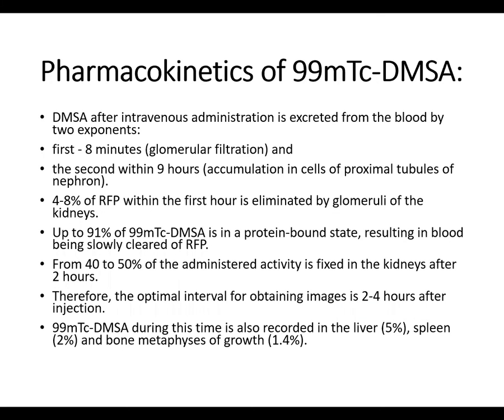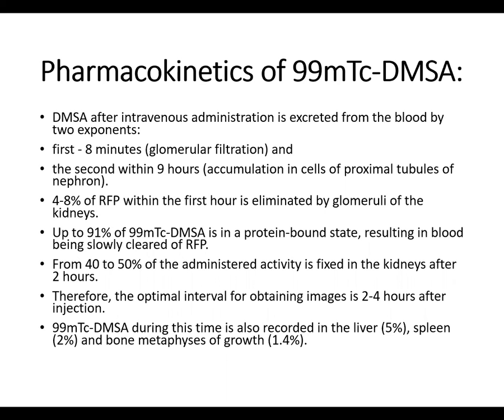The pharmacokinetics of the Tc-99m DMSA are: DMSA after intravenous administration is excreted from the blood by two exponents. The first exponent, 8 minutes, by glomerular filtration, and the second, within 9 hours, accumulation in cells of proximal tubules of the nephron.